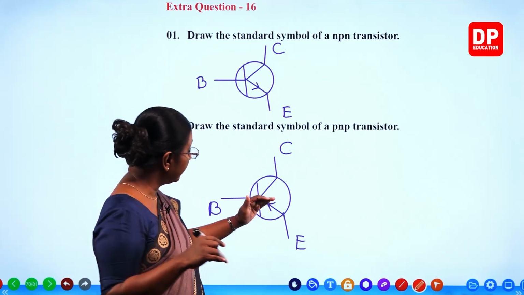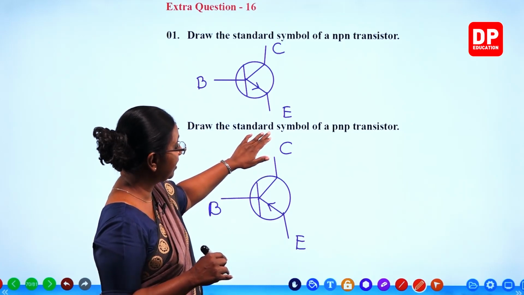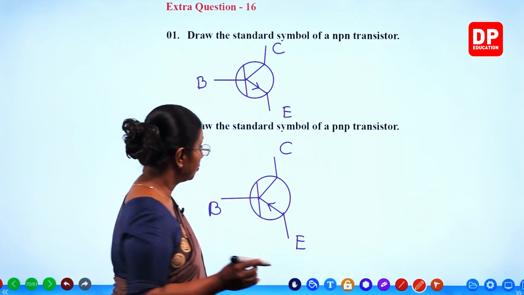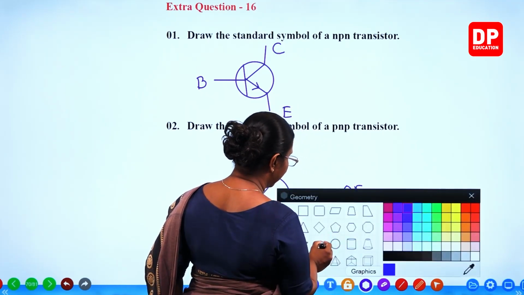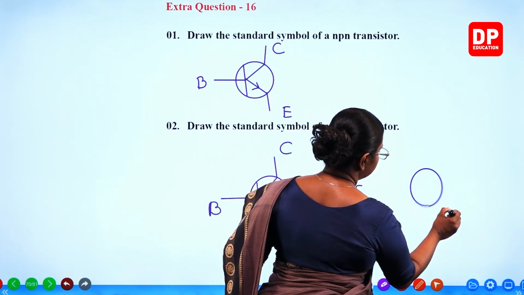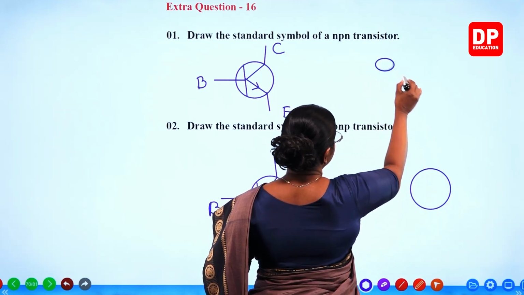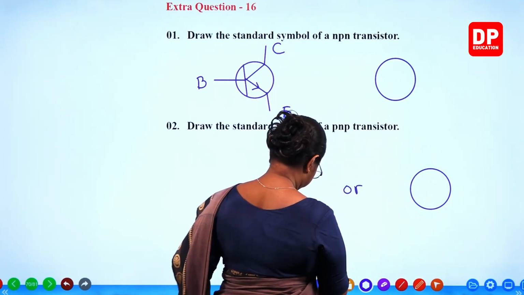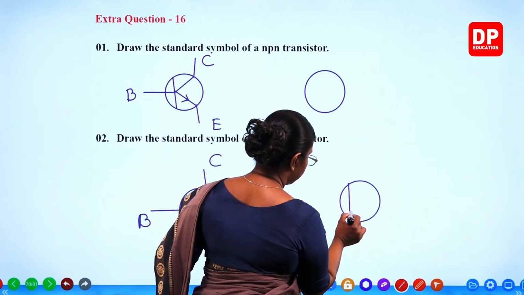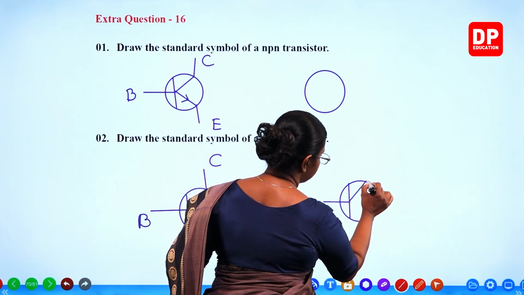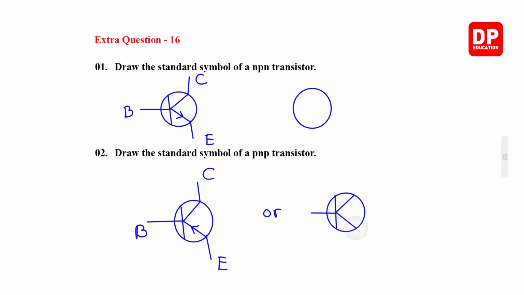You all know we can change the terminals. We can have the emitter there and the collector here. That way also it is accepted. If I draw that symbol as well, here we have base, and I will draw the lines.